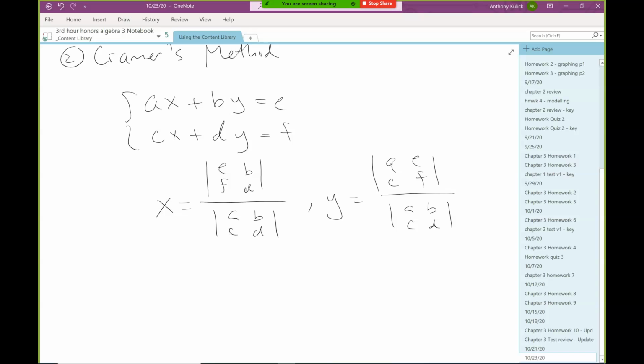So let's explain what's going on here, because again, the formula is a little bit complicated looking. Visually, though, it's an easy formula to remember. So if we're solving for x, I'm going to replace the x column of my coefficients matrix with the solutions. Everything else in the coefficients matrix stays the same.